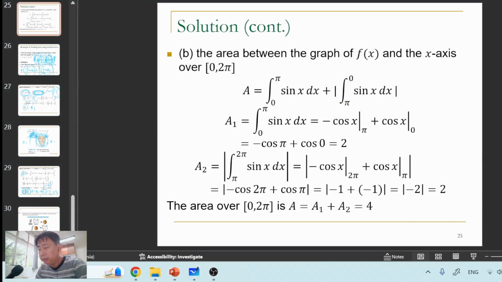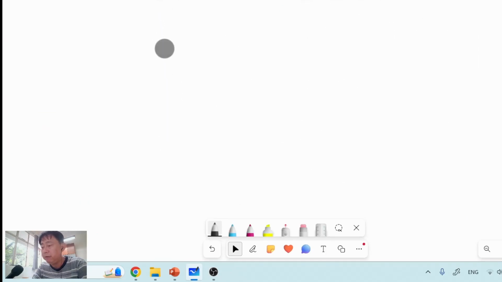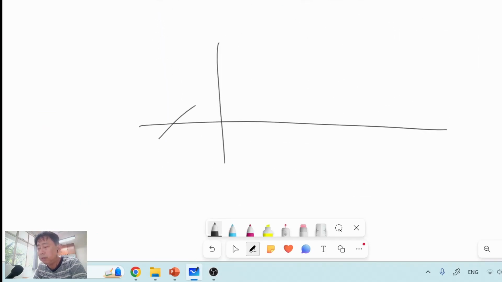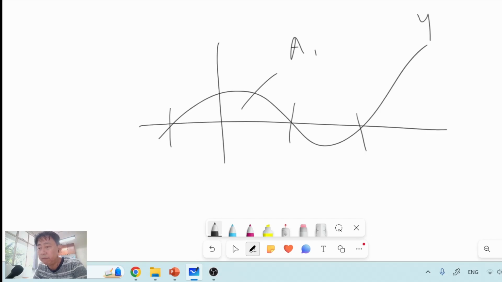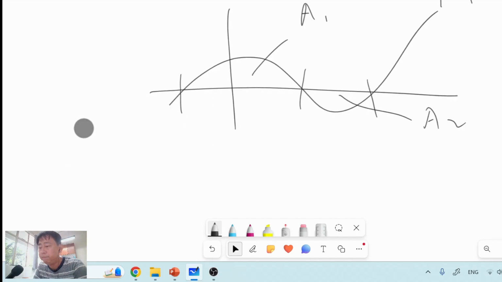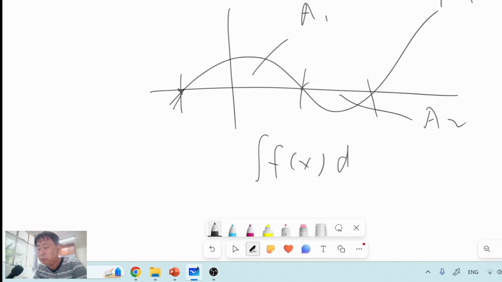So to conclude this part, if you are given a function which may contain some positive or negative regions, and if you are asked to calculate the total area of such a function, then you have to first identify the regions where the function is positive and negative. Then you separate the integrations into the regions where the sign changes. So in this example, this is region 1 and I call this region 2.